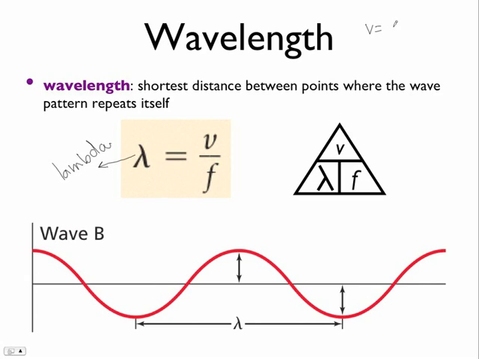We have speed equals distance divided by time. You have wavelength equals v over f. And then you also have f equals 1 over T. And so these will be most of the formulas that you'll use this unit when you talk about waves.